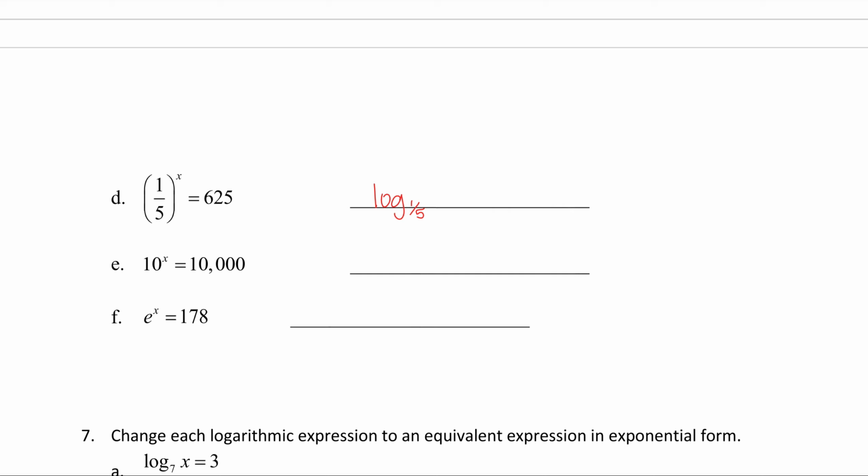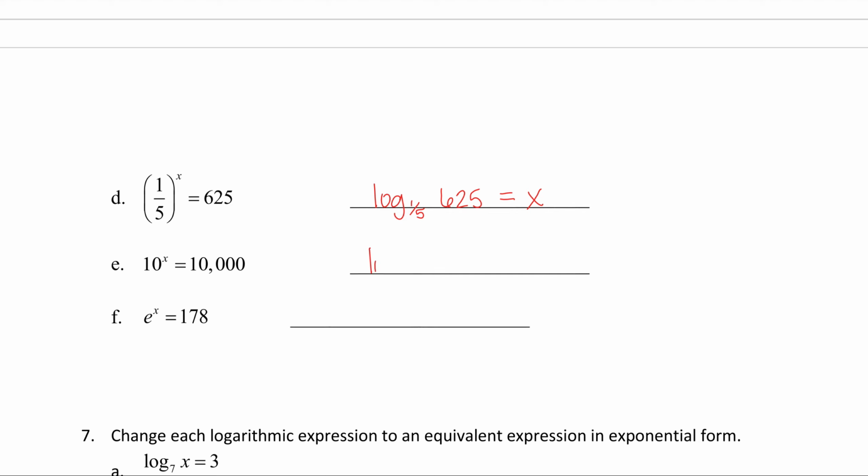Please, please do not do log 1/5 on the line. This is wrong. I will count it wrong. You need to make sure these fractions look like bases. Do not make them look like big numbers that are part of the equation, because they are not. So log base 1/5 of 625 is equal to my exponent x.